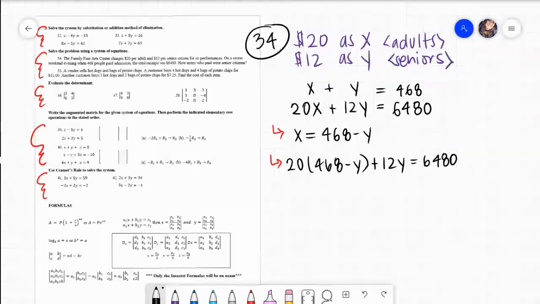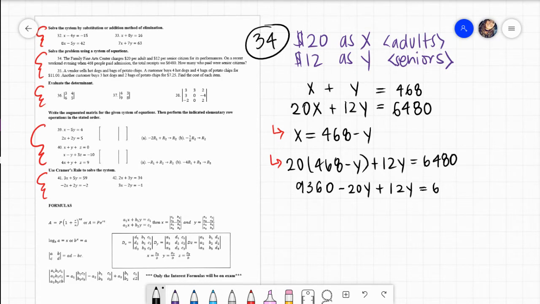And then right here, I'm going to go ahead and do distribution. If you do 20 times 468, what you get is 9,360. And then if you do 20 times a negative 1y, you get a negative 20y plus 12y equals 6480.